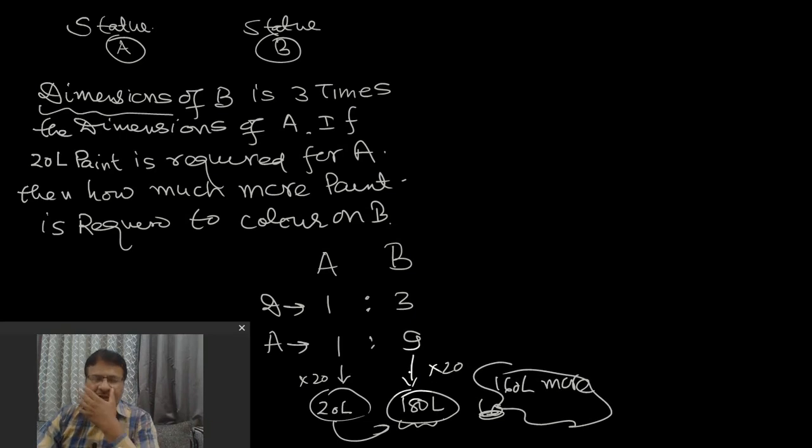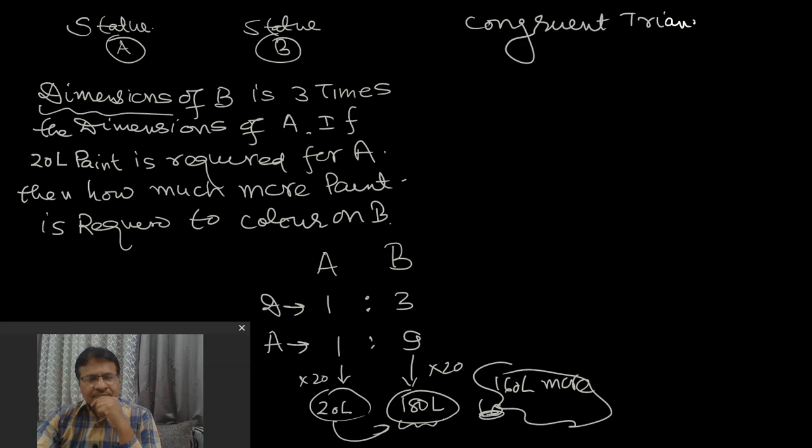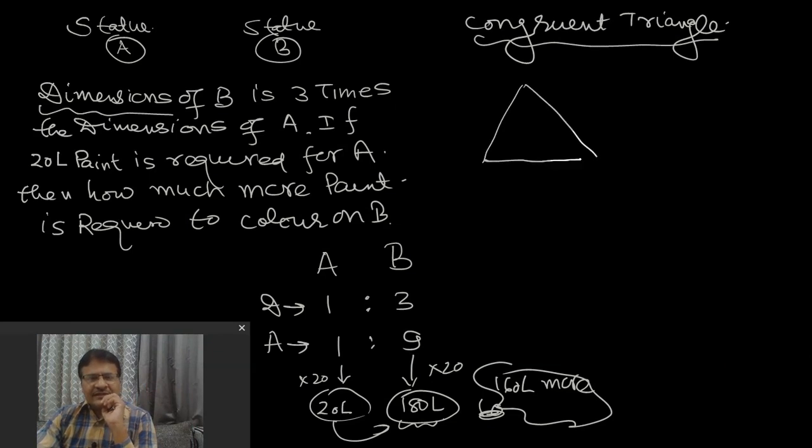These are very important. One more thing I would like to discuss: congruent triangles. When we say the triangles are congruent, congruent means Xerox, exactly the same. Two triangles are congruent means everything is equal: their area, their perimeter, their angles, their shape, everything.